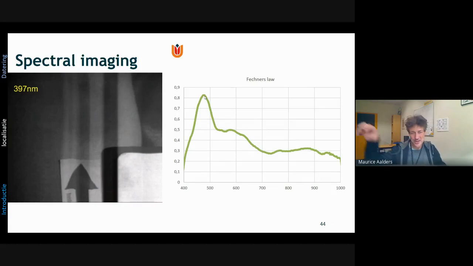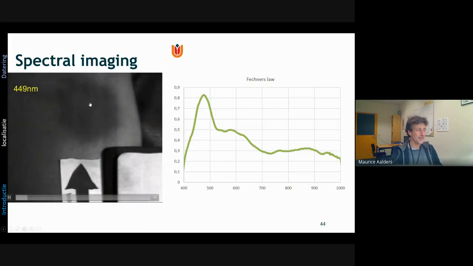The police will send them to the community health service, where they will be judged by a forensic physician, and then everything has to be documented. Now, this particular bruise was not very well visible with the white light, so it's very hard to make pictures to put in a file of this crime. But if you just image it at 480 nanometers, you would get a very nice contrast of the bruise to put in a file.